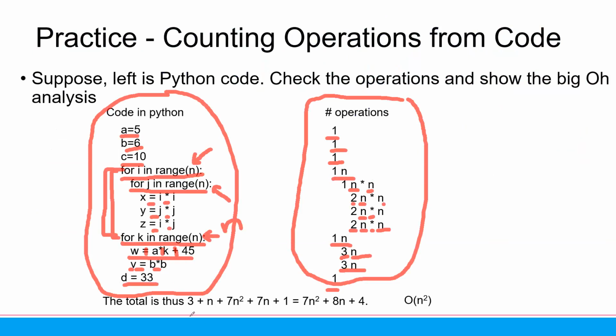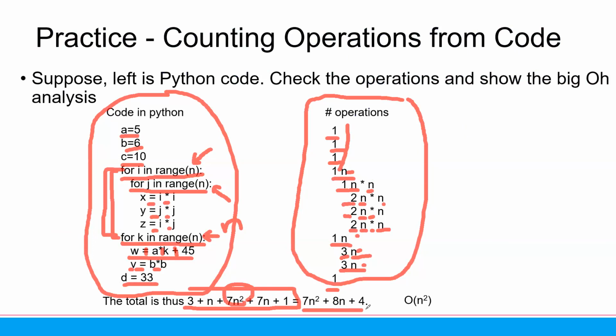The last one, we have only one operation, which is 1. So if you calculate all the operations, we have 3 plus n plus 1, 3, 5, 7. So 7n², and then we have 1, 2, 3, so it's 7n plus 1.